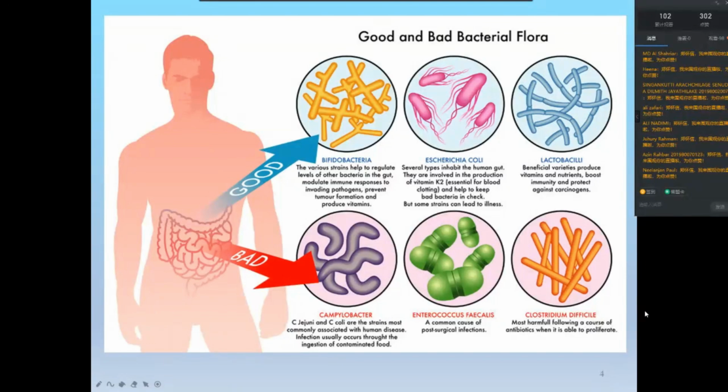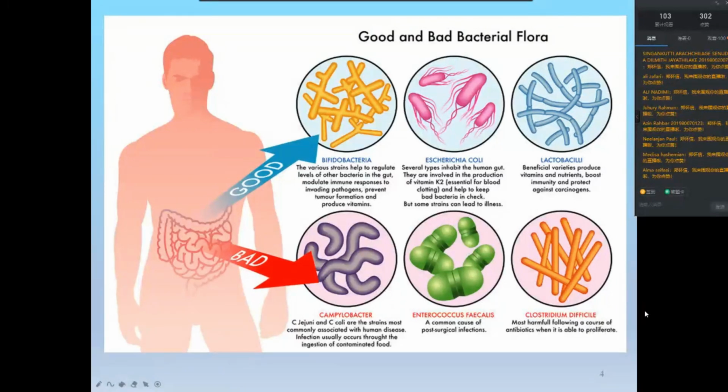So you don't have to remember these bacteria because it's not possible for you guys. But in the future, you might work on some of them, and you might focus on one of them to develop your career as a researcher. That's possible. So on different tissues, on different organs, the composition of the normal microbiota is different. Okay.